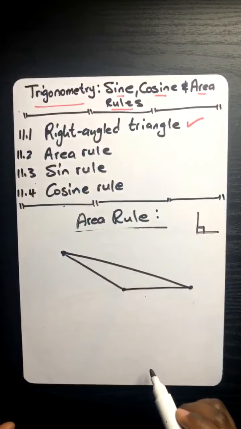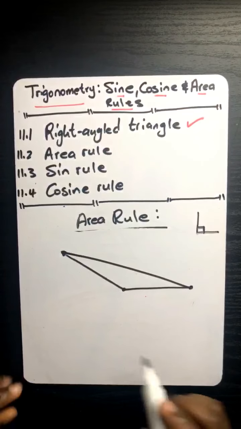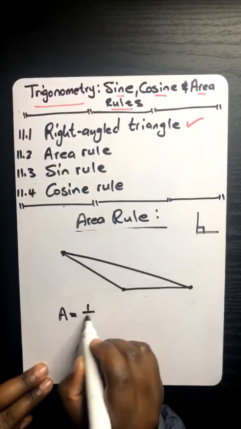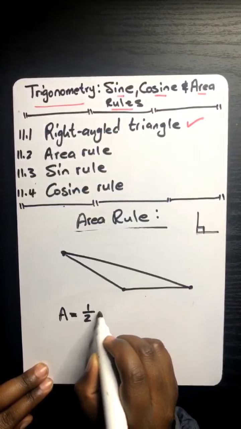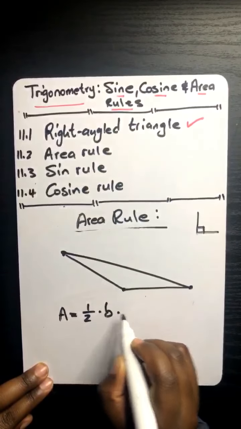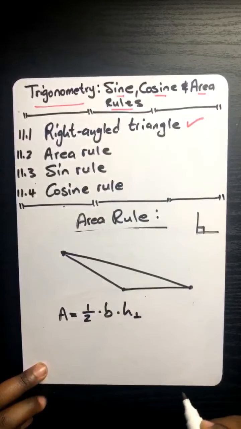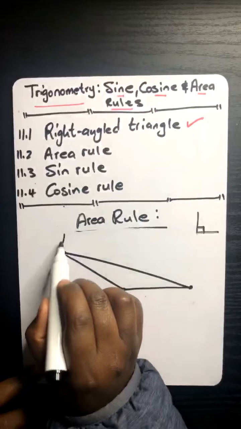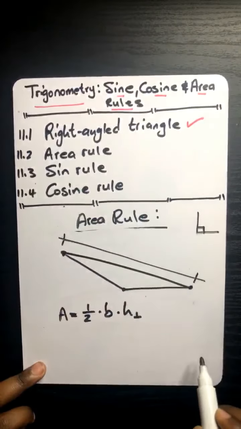Something very much important, guys. If you had to calculate the area of that triangle, you just know that it is half multiplied by breadth multiplied by the vertical height. So the breadth is obviously going to be that length.